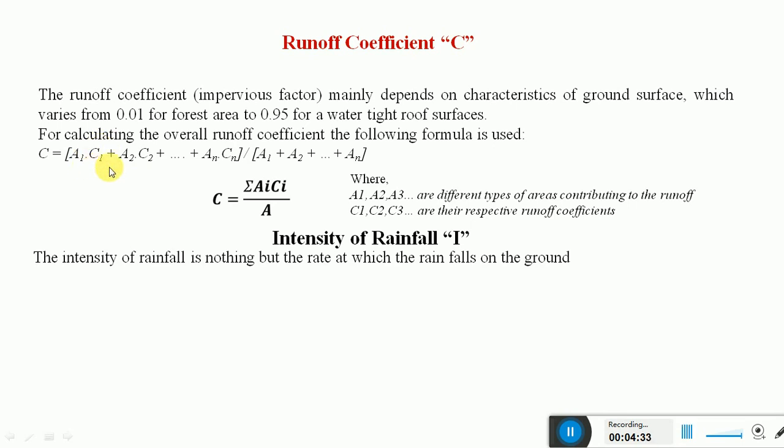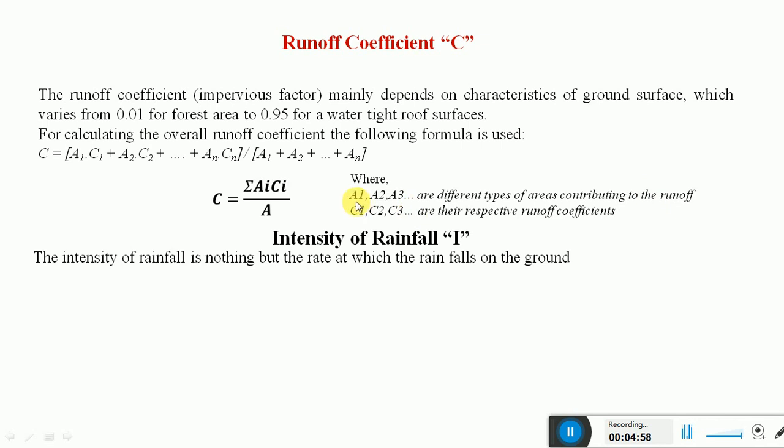Similarly A2 is the area of drainage of road surface with its respective coefficient. Up to n, if you have n number of areas, we can have A1 into C1, A2 into C2 plus A3 into C3 up to An into Cn, whole divided by all the areas, that is A1 plus A2 plus A3 up to An. Here A1, A2, A3 are the different types of areas that contribute to the runoff.